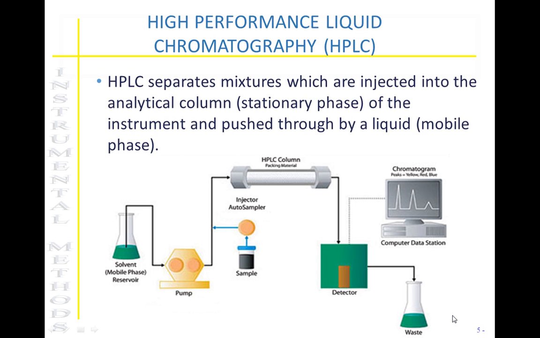There is also a high-performance liquid chromatography instrument, which is commonly referred to as an HPLC, that can also separate materials in a forensic laboratory. This separation occurs where the liquid sample is injected into that analytical column, but then it is pushed through that column by another liquid or mobile phase.